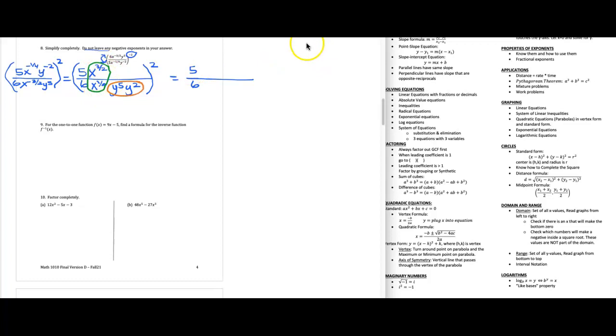All right, so I'm really trying to figure out what is 3/2 minus 1/4. Well, I need to get a common denominator in order to do that. So I need common denominators of 4, so I'm going to multiply that by 2 on the top and bottom. So 6/4 minus 1/4, which gives me 5/4.